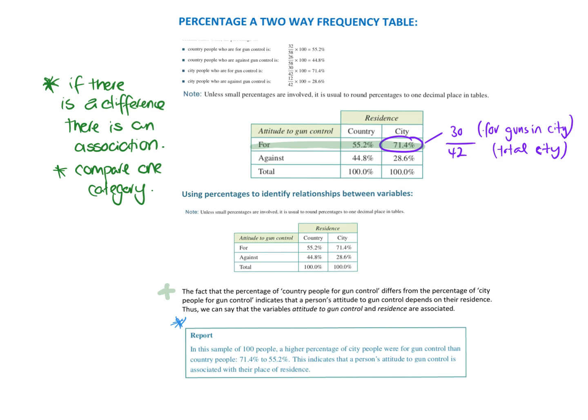They've stated there was a difference by saying one was higher. Then they've stated the stats, which is the 71.4 to 55, and then, as you've probably been asked, is there an association? They're saying this indicates that there's an association between gun control and residence, okay?